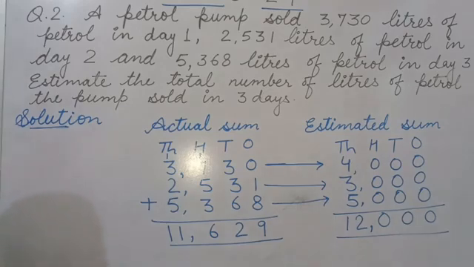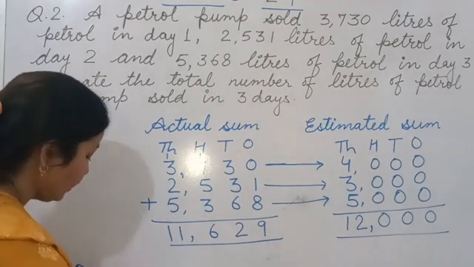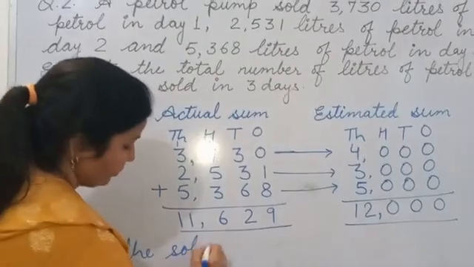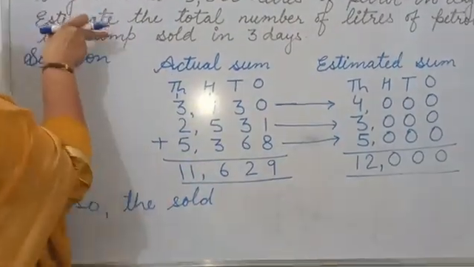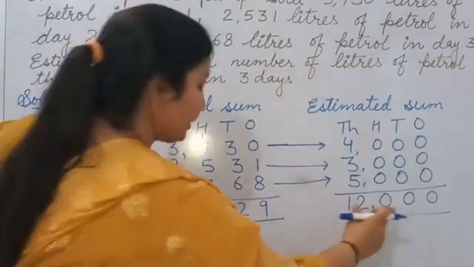So we write here, the pump sold, because it is asking for the estimate, so we should write our estimated answer. The estimated answer is 12,000.